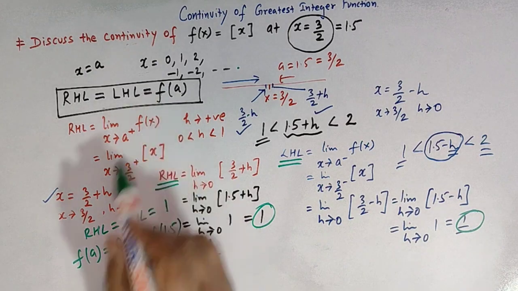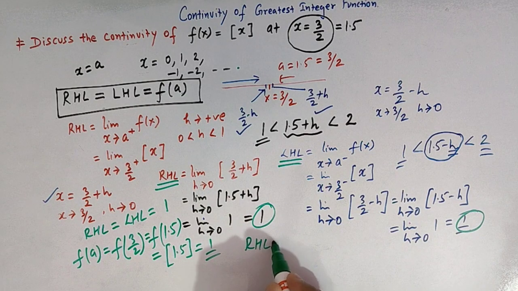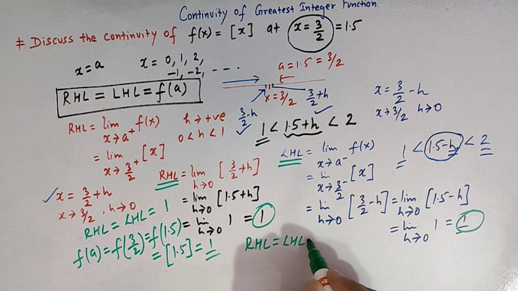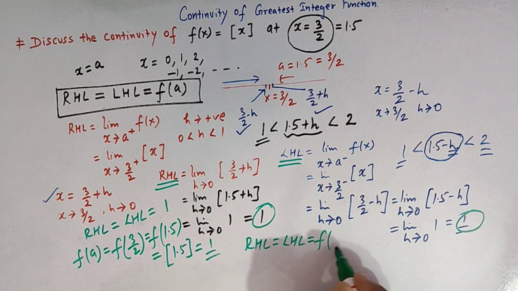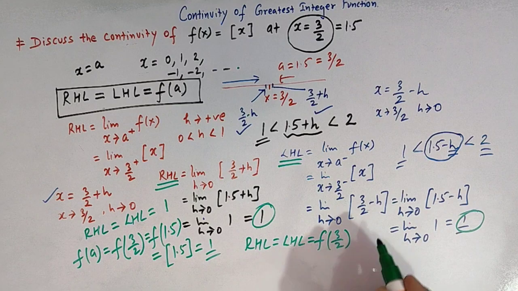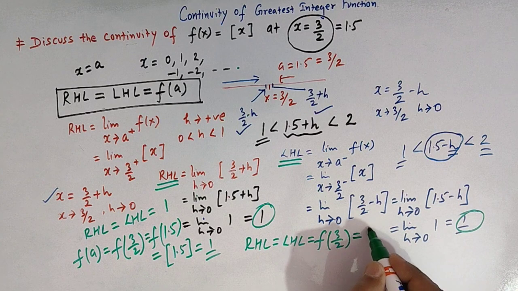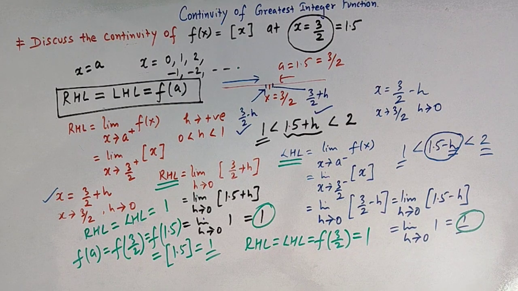Now we see that the right hand limit is equal to the left hand limit is equal to f of 3 by 2, and all these three quantities are equal to 1, right?